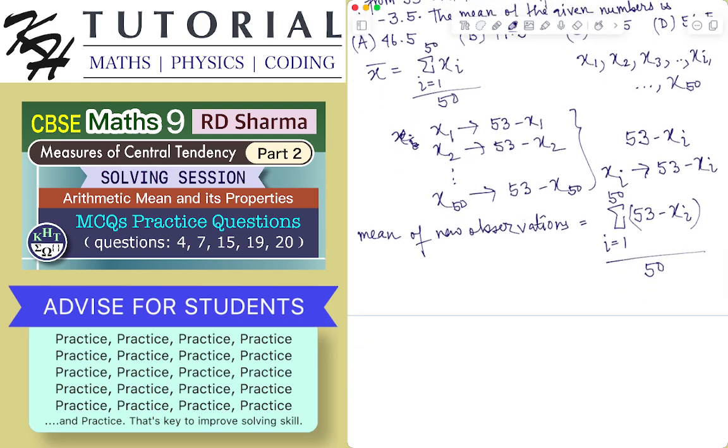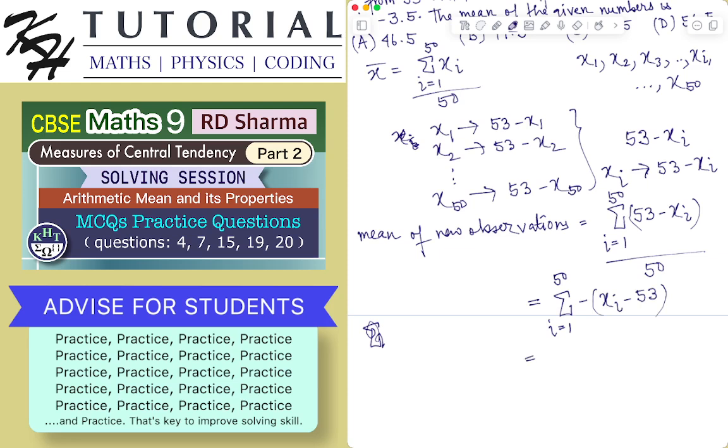Now, in the numerator I can take minus common from 53 minus xi, and it will be xi minus 53.